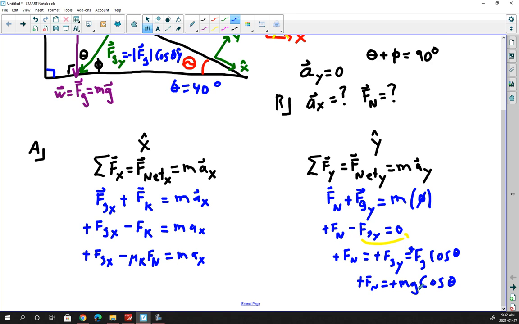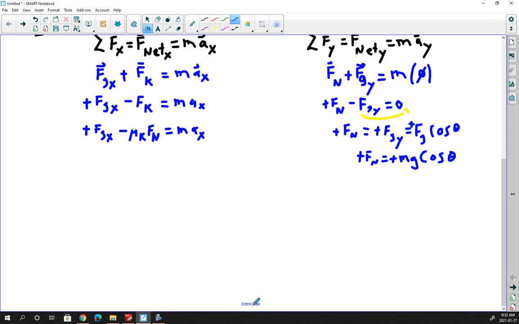Okay, so we did the analysis there. Let me extend this page, and now we can start to do some substituting. So normal force is equal to positive, and I think it was 1 kilogram times, I'm not putting negative in, 9.8 newtons per kilogram. Remember, the direction's been taken care of by putting the symbols in. We dropped the vector notation.